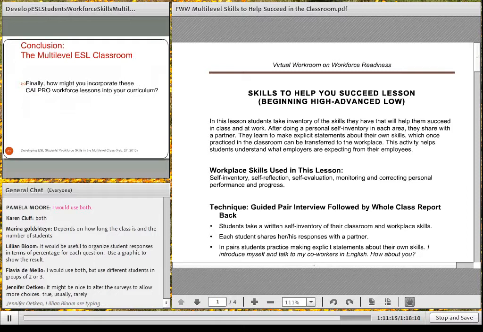And finally, how might you incorporate these CalPro workforce lessons in your curriculum? Good.